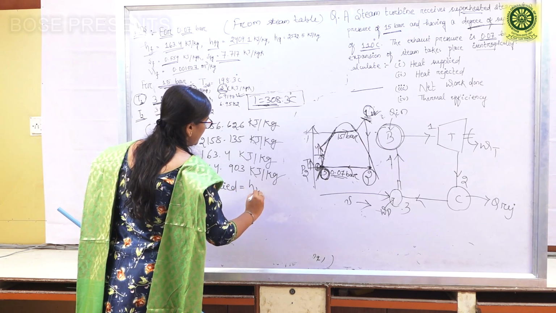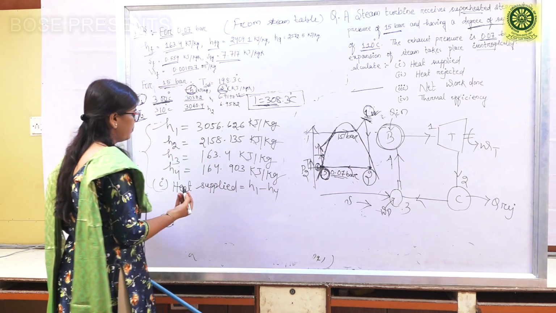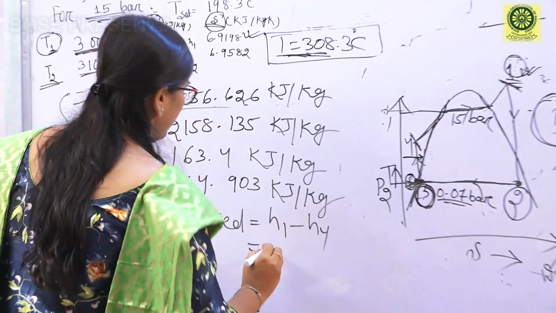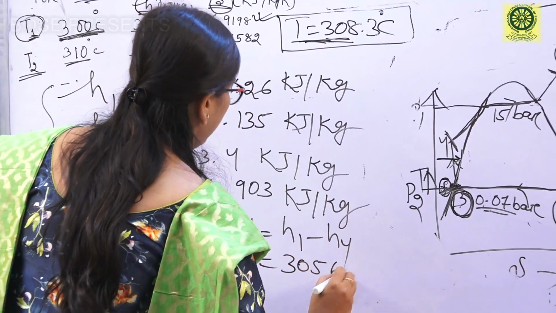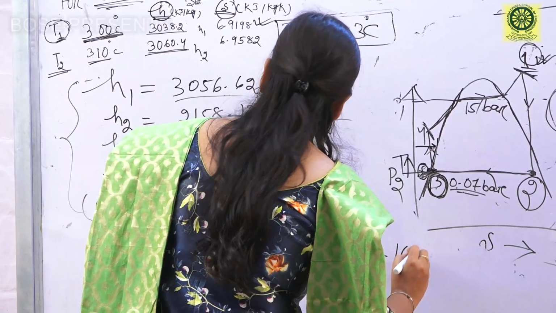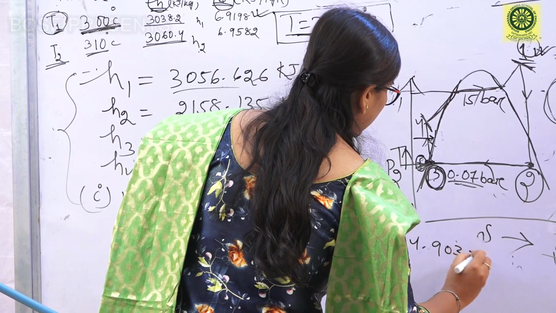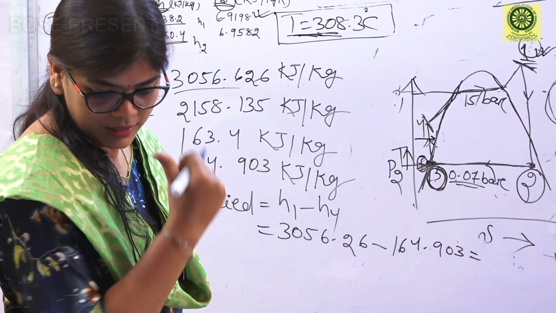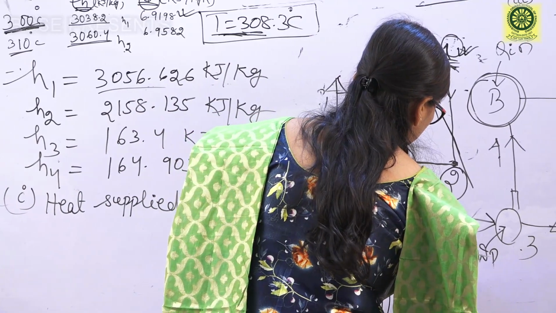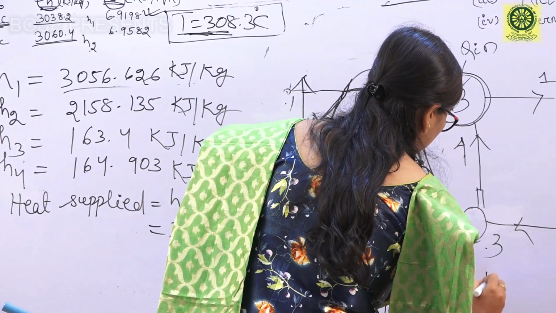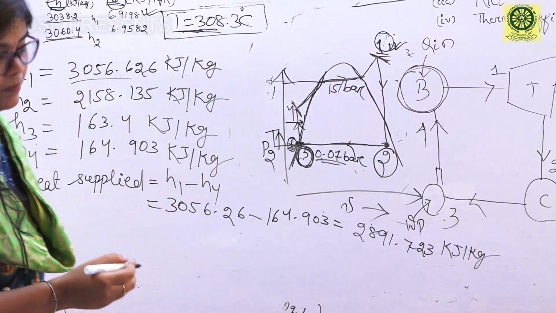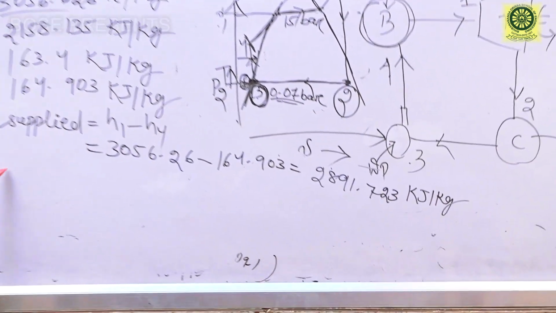Just subtract it: 3056.26 minus H4, which is 164.903, and you are going to get 2891.723. This is your heat supply.